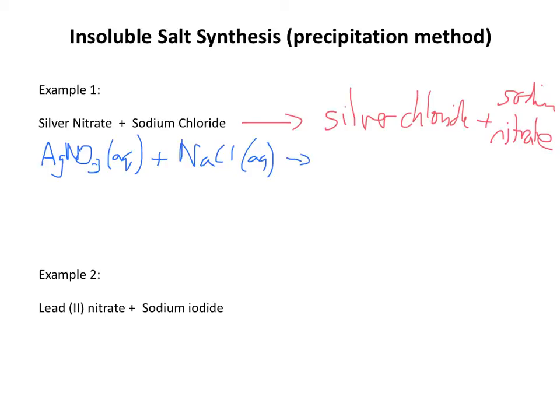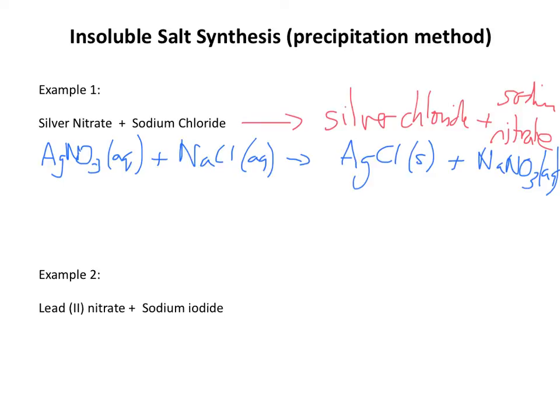Both silver and chloride have a valency of 1, so you get AgCl, solid, and sodium nitrate. Again, both have a valency of 1. You'll notice that now our silver chloride is solid over here, and yet the sodium nitrate is aqueous. That's because the sodium nitrate is dissolved in the water, and the silver chloride hasn't.